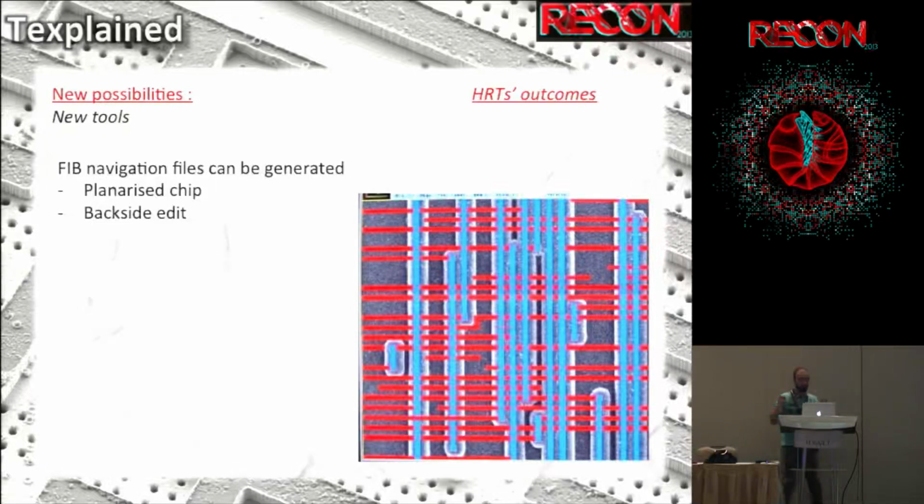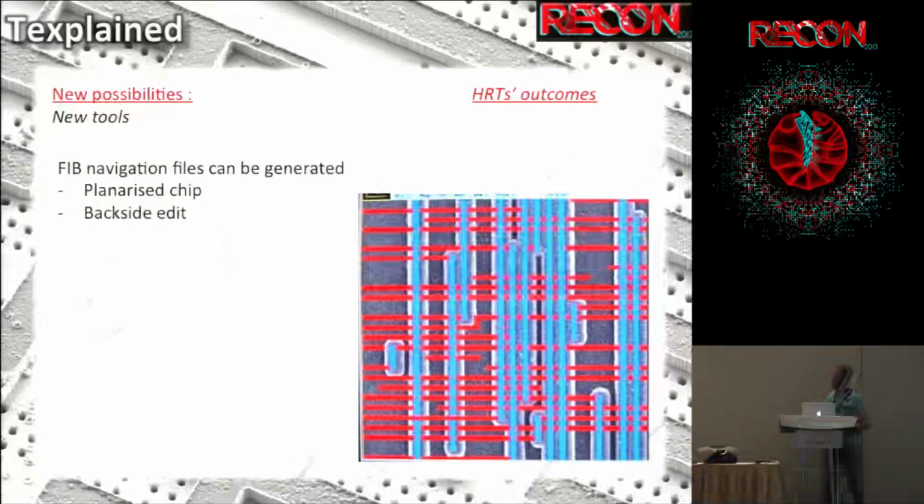So to find the good place, you have nothing to rely on. But if you can overlay this, now it's all right, you can work. And if you want to do a backside edit, you can also use this kind of thing. You will make one picture, maybe with an infrared camera, to have an idea of some positions, and put that on top of it, and now you can just navigate and find the things.